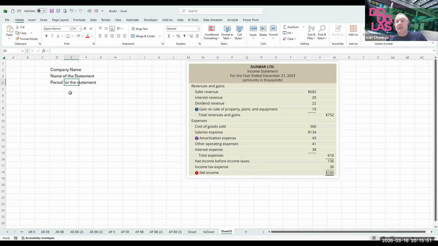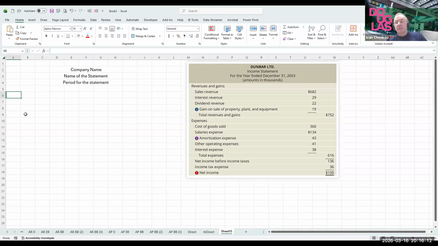Now, since this is the statement of cash flow, it is prepared for a period of time, not at a point in time like a balance sheet. For that reason, we're going to say for the year ended December 31st.